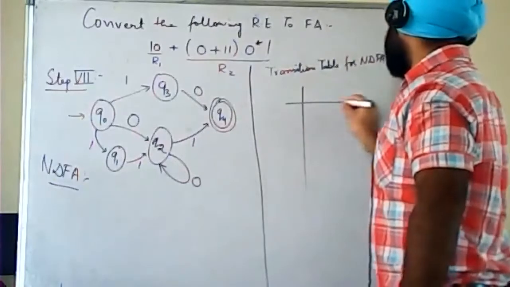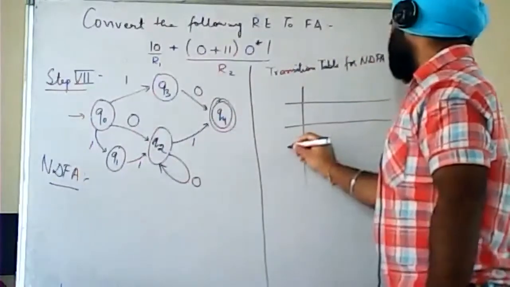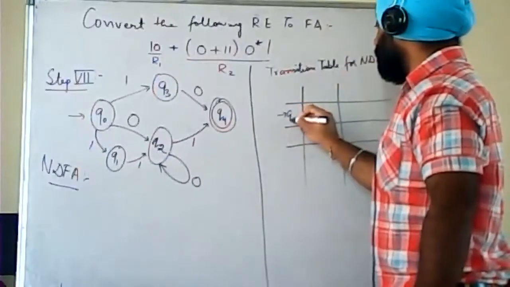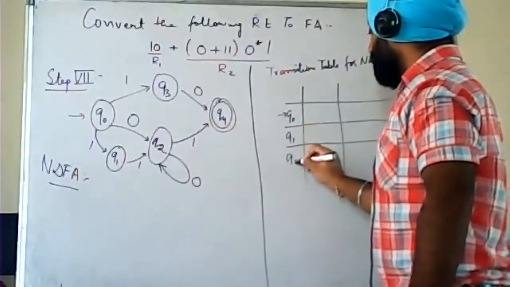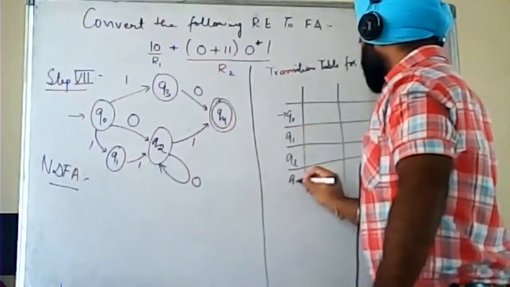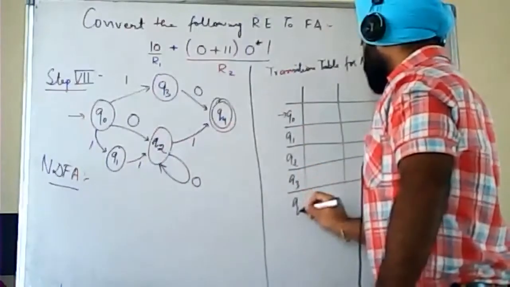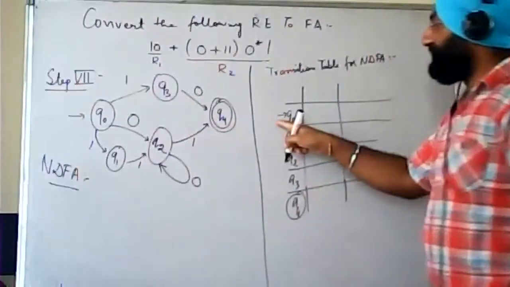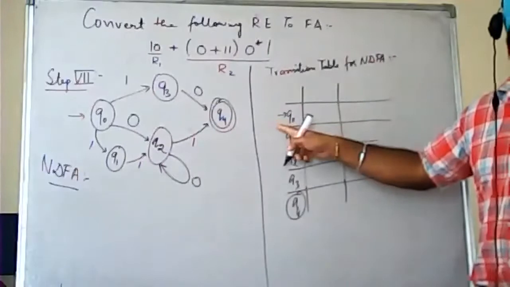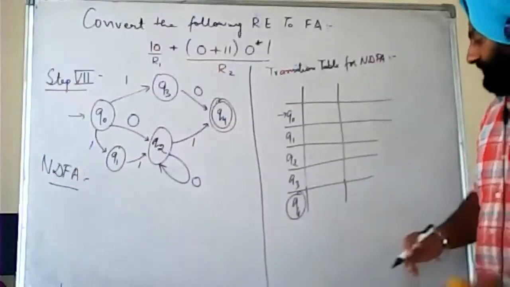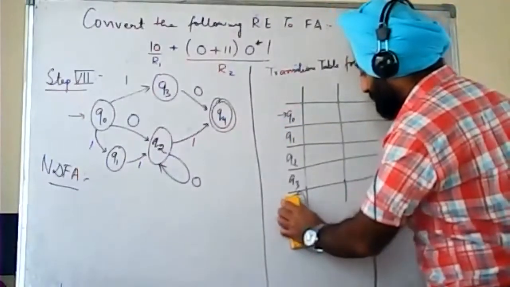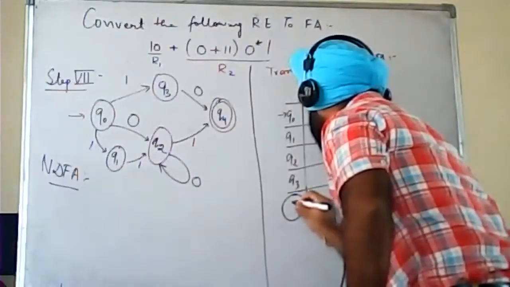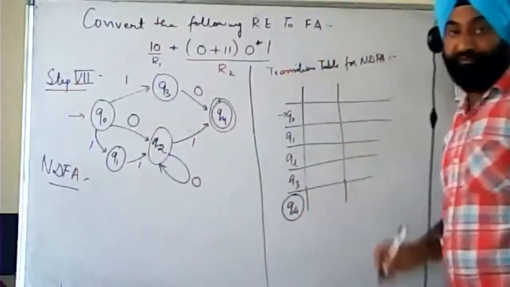So how many states are there? We have 5 states: Q0, Q1, Q2, Q3 and Q4. Total 5 states are there, where Q0 is the initial state, which will be represented with an arrow, and Q4 is the final state, which will be represented with the help of a circle.